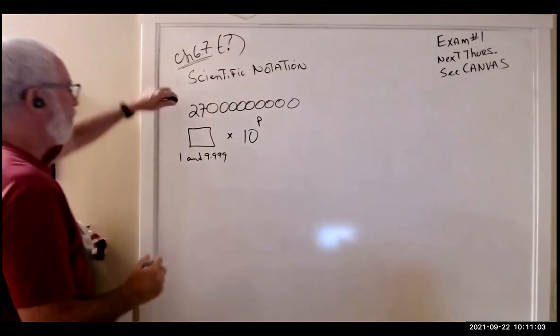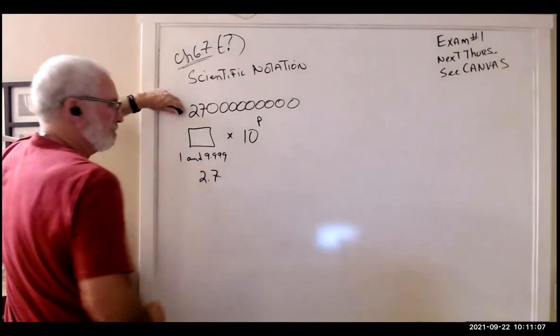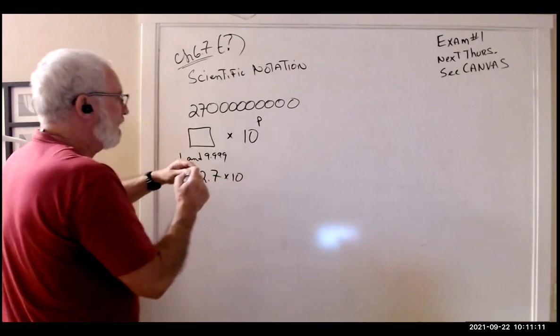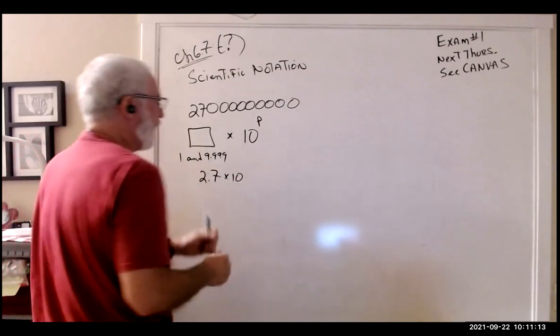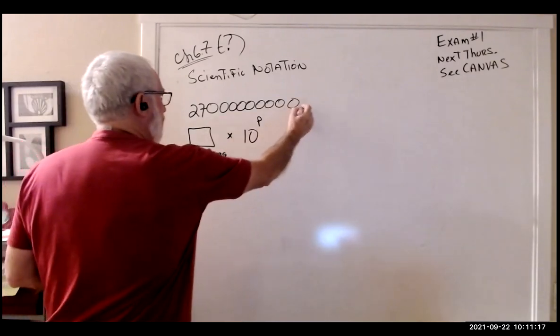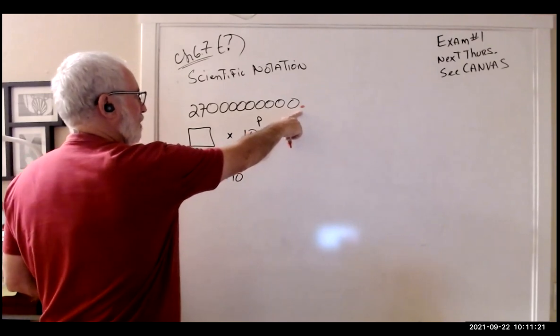So for example, this number would be 2.7 times 10. Now, what happens is you need to count. The decimal point was supposed to be back here. Remember, it's implied to be at the right end of a number.